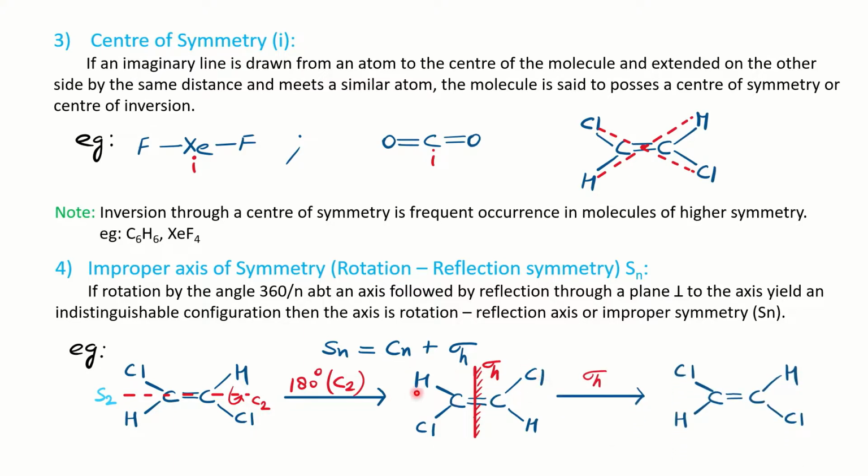So you will see chlorine in place of hydrogen, and hydrogen in place of chlorine. You can notice this structure is indistinguishable from the first configuration, and so the molecule 1,2 trans dichloroethylene possesses the S2 axis of rotation, that is the improper axis of rotation.